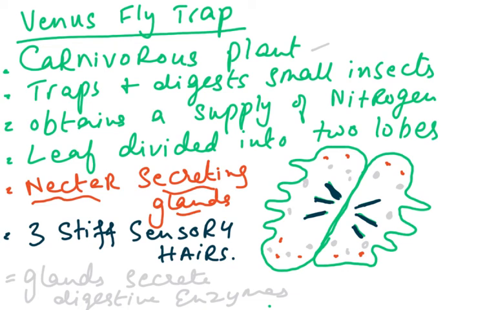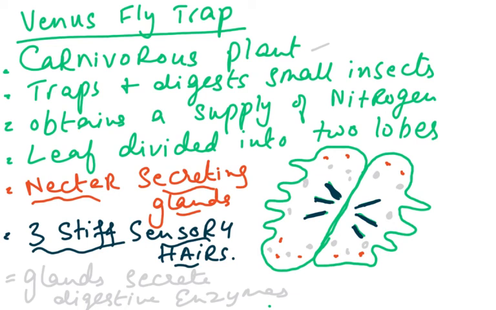Now this carnivorous plant is made of two lobes, and the two lobes are open, and when an insect lands on it and starts roaming around, it actually touches the three stiff sensory hairs. So the three stiff sensory hairs which each lobe has are going to give a response in which the lobes are going to close up on the insect.